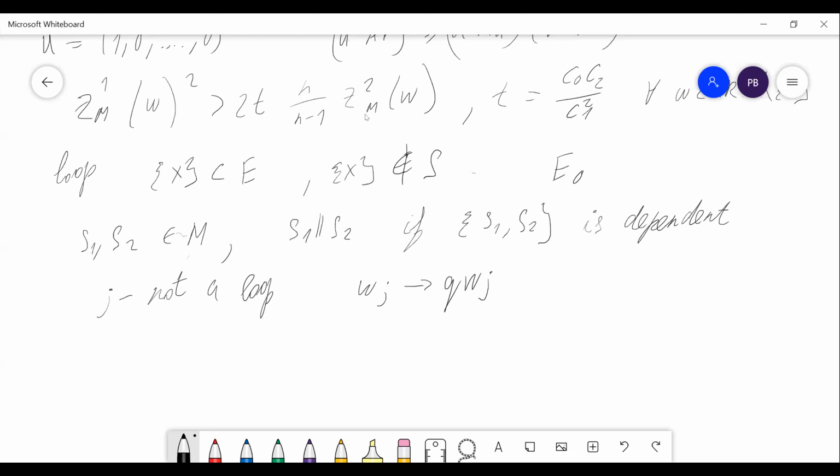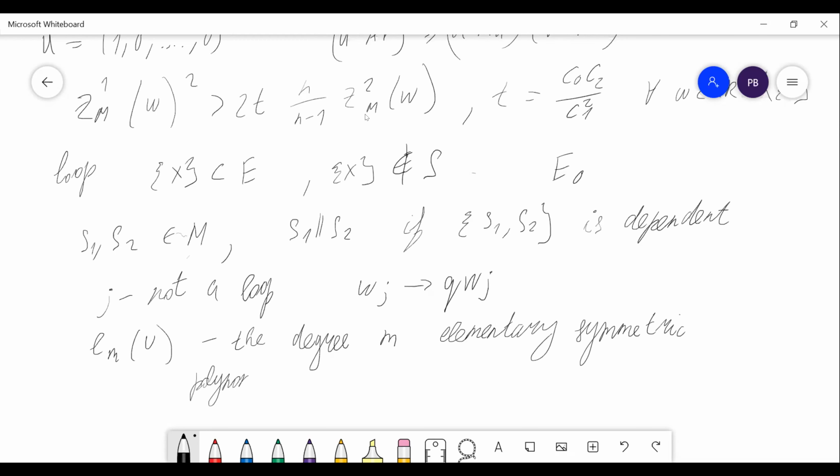And then let us denote by E, which letters have I unused? E_M, U, degree M elementary symmetric polynomial in variables with G, where G belongs to U.